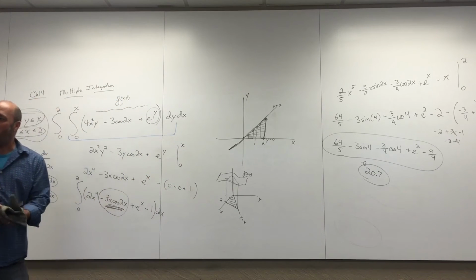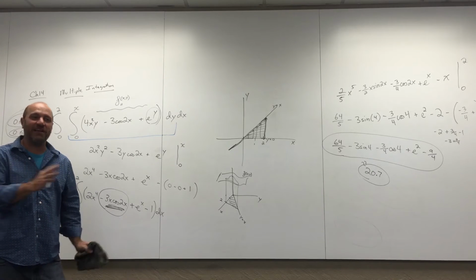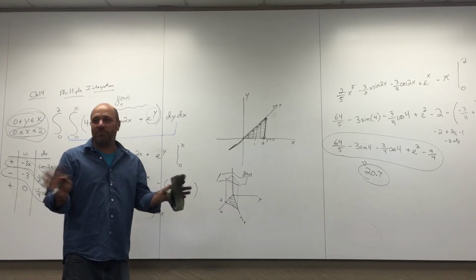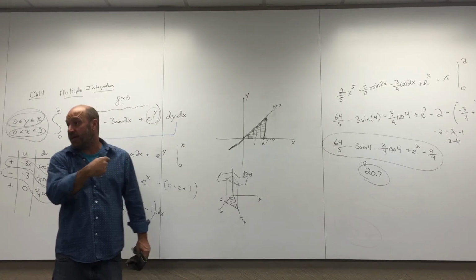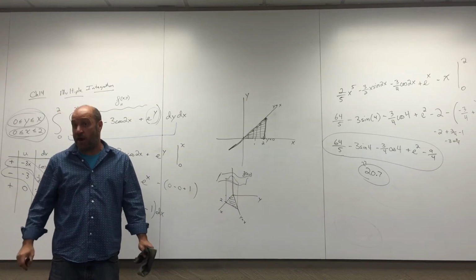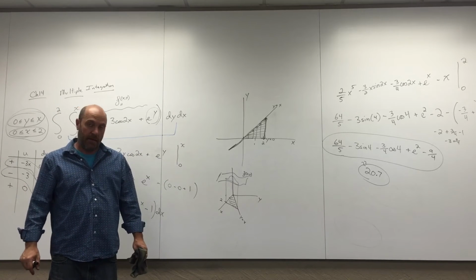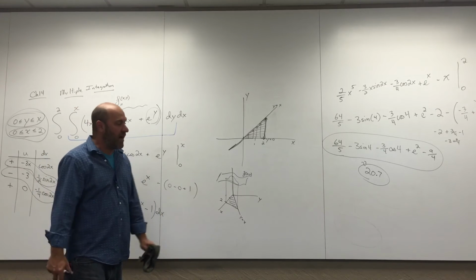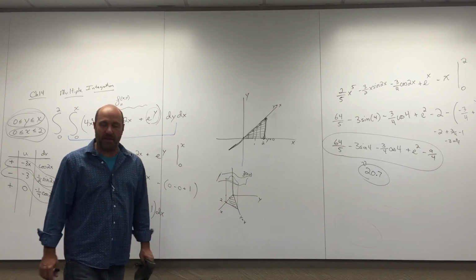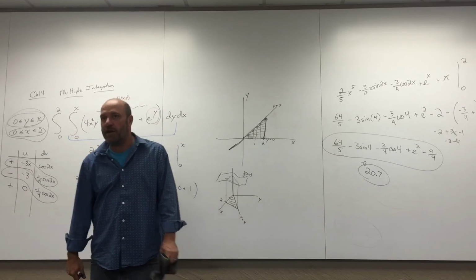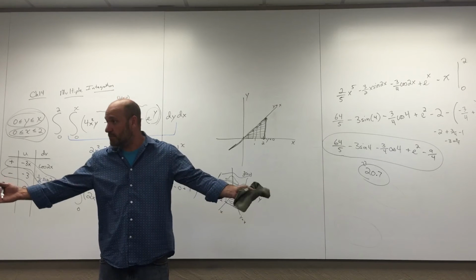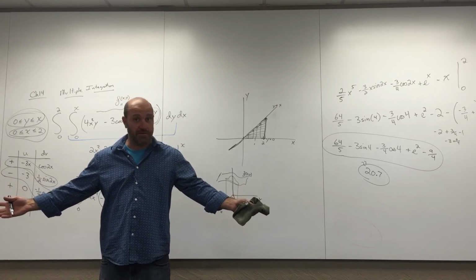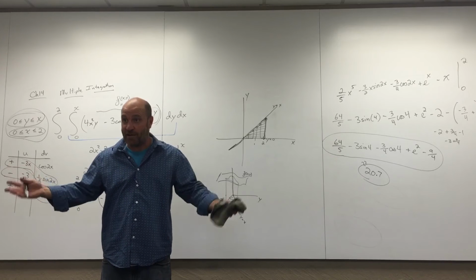But they open with these double integrals, and in 14.1, they don't act like you're finding volume. They act like you're finding area. And you kind of can find area. But here's the funny thing. Do you know how to find area already? Do you need double integrals to do area? Haven't you done area in Cal 1?